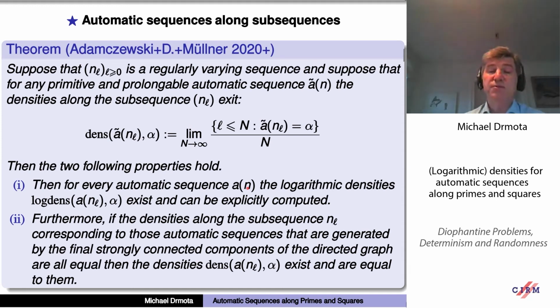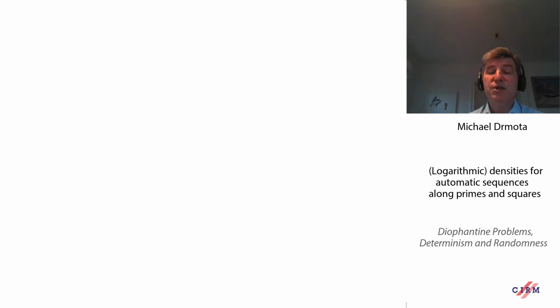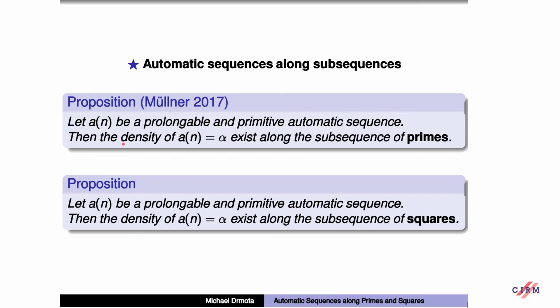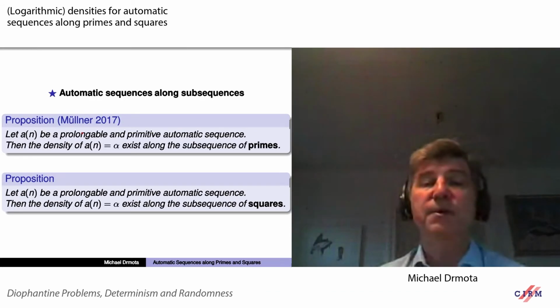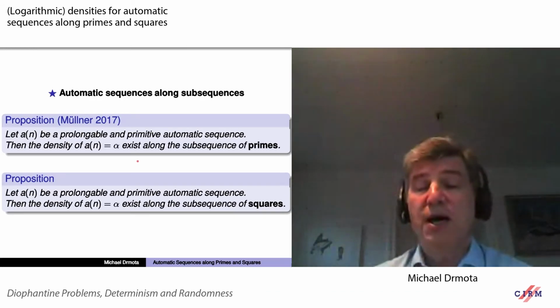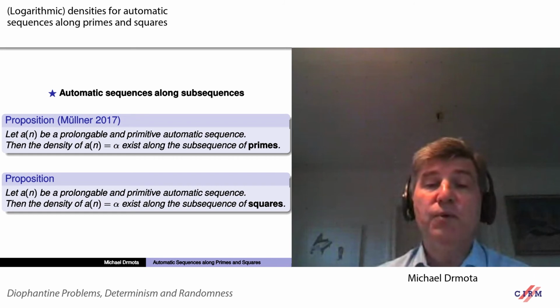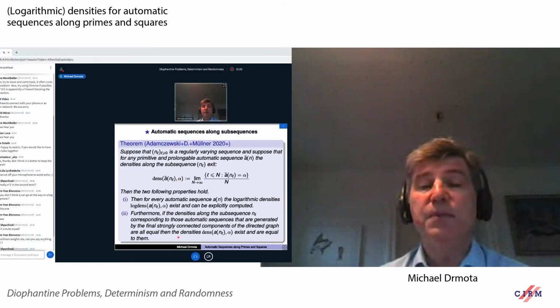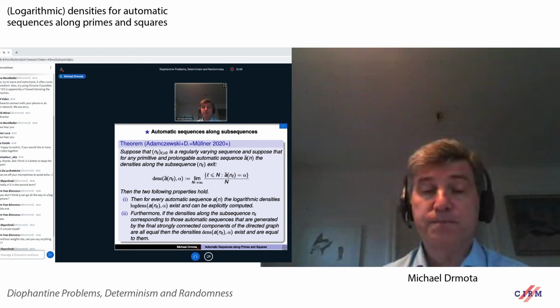Now coming back to our squares and primes, we just have to show that if we have a prolongable and primitive automatic sequence, then the densities along the subsequences of primes and squares exist. This has already been observed in a previous paper by Müllner for primes. So together with this theorem, we get the first result for primes.